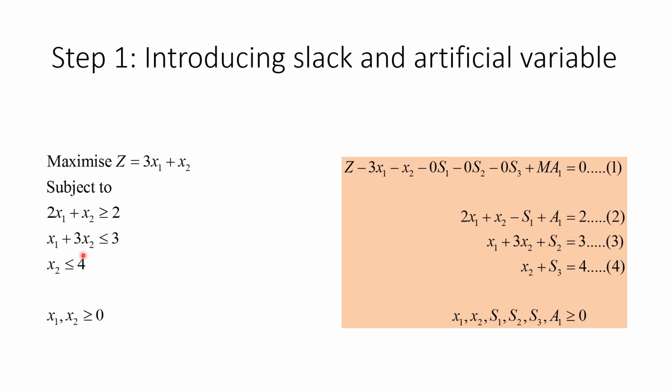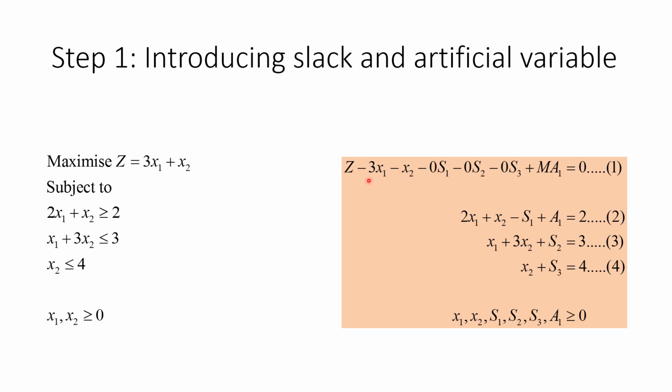In x1 + 3x2 less than or equal to 3, we add the variable on the left hand side, x1 + 3x2 + s2, and it becomes equality type. Then x2 + s3 = 4. So we convert all the constraints into equality type by adding or subtracting slack variables.